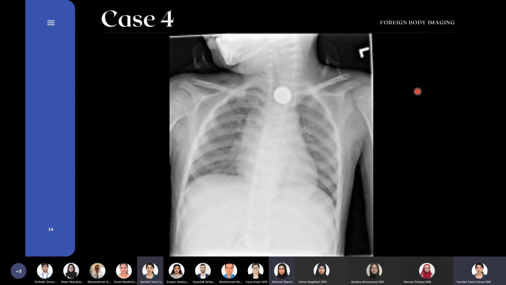Yep, there's a coin lodged. Yes, there is a coin lodged. Do you know what the anatomical location of it is? Yes, around the throat area, but is it in the trachea or in the esophagus? Where is it?